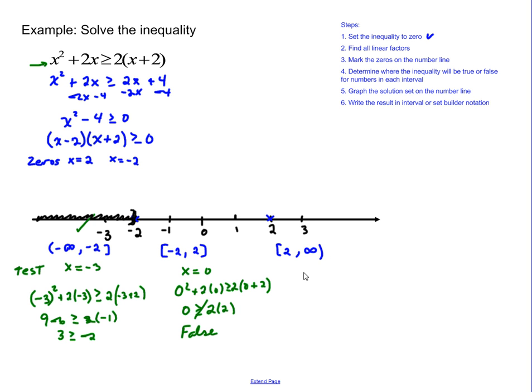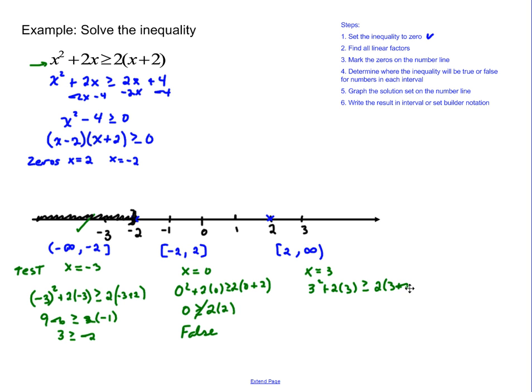But how about the interval that we said from 2 to positive infinity? Well, we'll choose x equals 3. And let's see what happens if we put in x equals 3. 3 squared minus 2 times 3 should be greater than or equal to 2 times 3 plus 2.